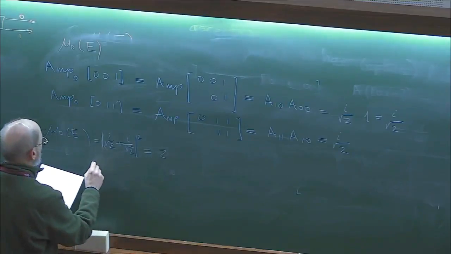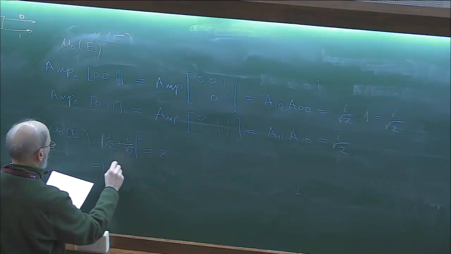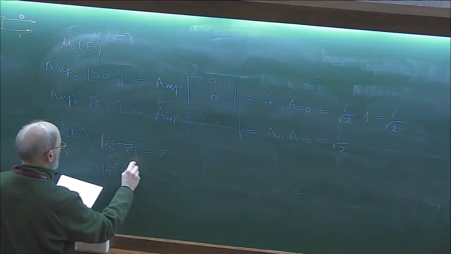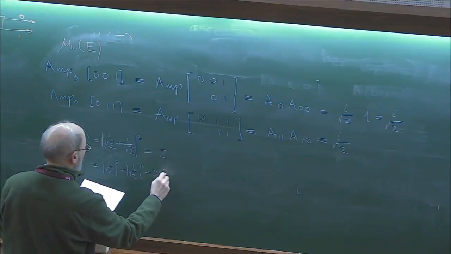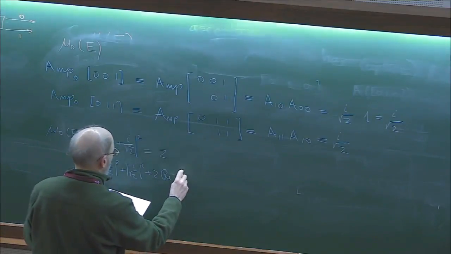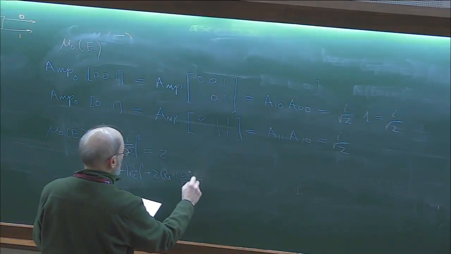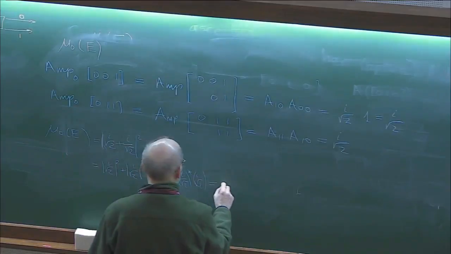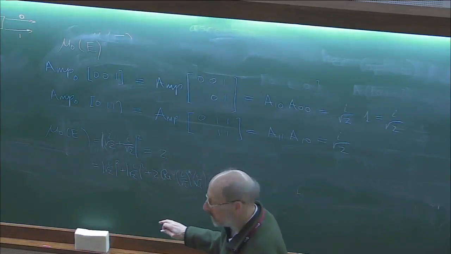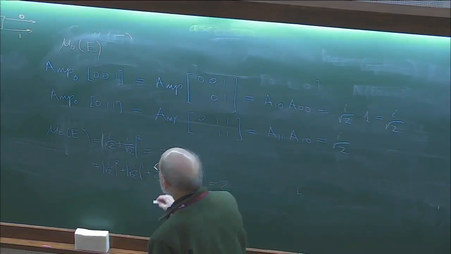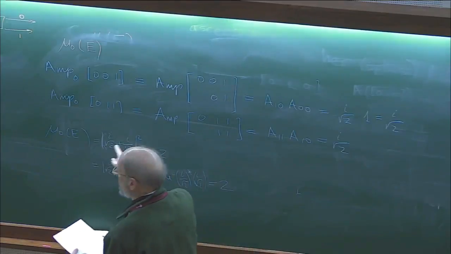Or if we wanted to expand it out, just to remember the general form of the decoherence functional, we'd have twice the real part of i over the square root of 2, star, times i over the square root of 2. Again, it's just an identity. I'm just remembering why we get this three-slit sum rule. So either way, the answer is 2. The important thing is that mu naught of E is equal to 2.